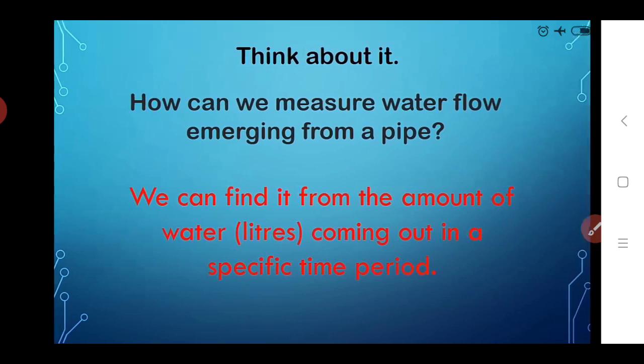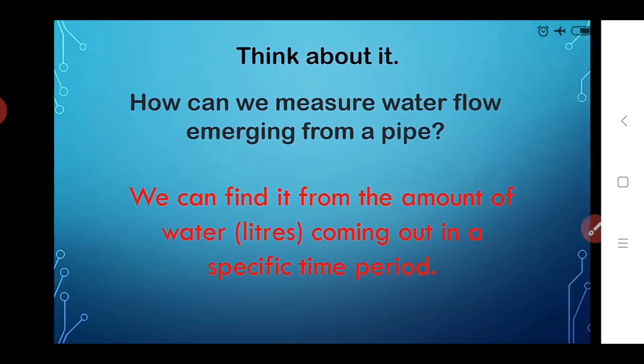And in the same way, how is electric current measured? It is the same way. We can find it from the amount of water coming out in a specific time period. That is the answer to the question: how can we measure the water flow emerging from a pipe? We can measure the amount of water coming out of this pipe during a specific time period.